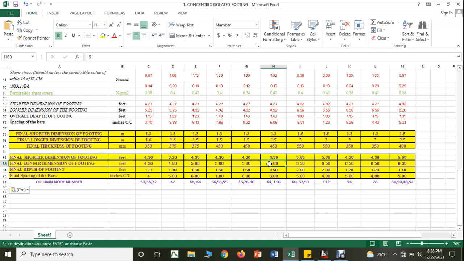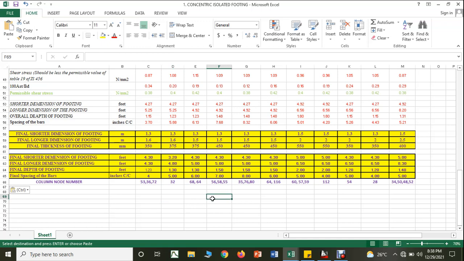So we cannot give the footings like this. There is nothing wrong, but it makes the work more and more time consuming. That's why, again in this, we will make the grouping.